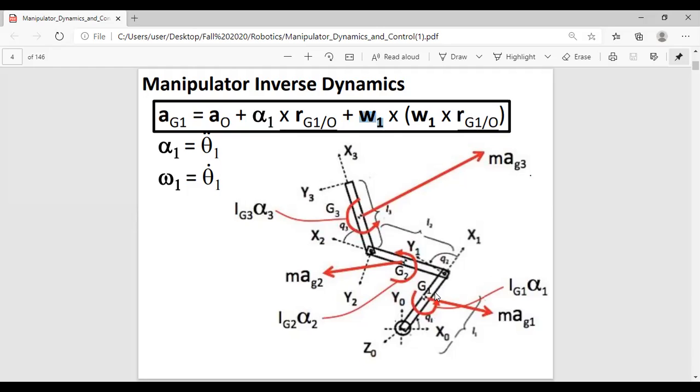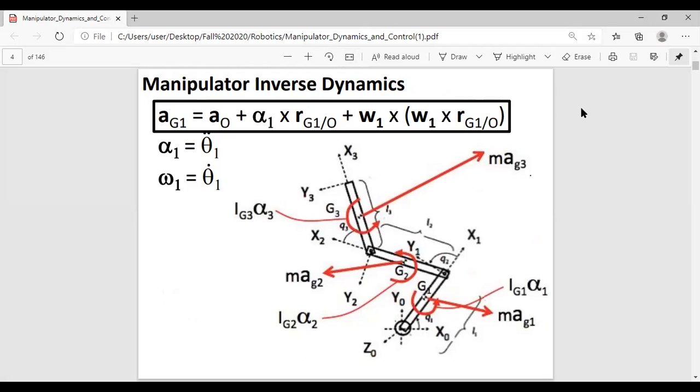Omega again is equal to theta 1 prime plus theta 2 prime, because again, this also has to be an absolute velocity in the sense that it's being measured with respect to a non-moving frame.